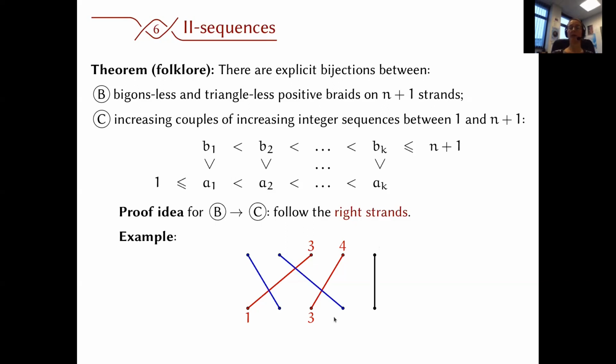And once you have shown it, you can look only at the right strands and just write down the numbers of the lower endpoints and then the positions of the higher endpoints. And it will give you two strictly increasing sequences. The first one will be strictly smaller than the second one, and they will correspond precisely to the relations I wanted.